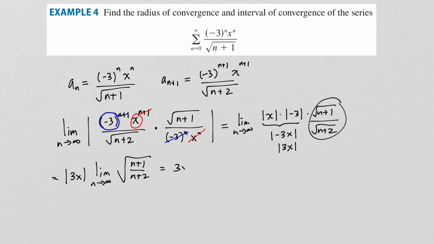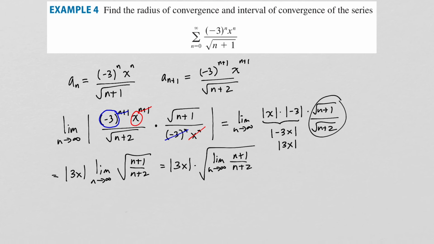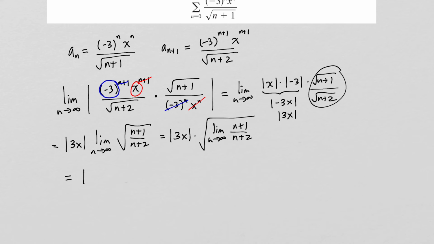And so now we can use properties of limits to move the limit inside of the radical. And we know that this limit in here is equal to 1, and the square root of 1 is 1. And so the value of this limit is the absolute value of 3x.